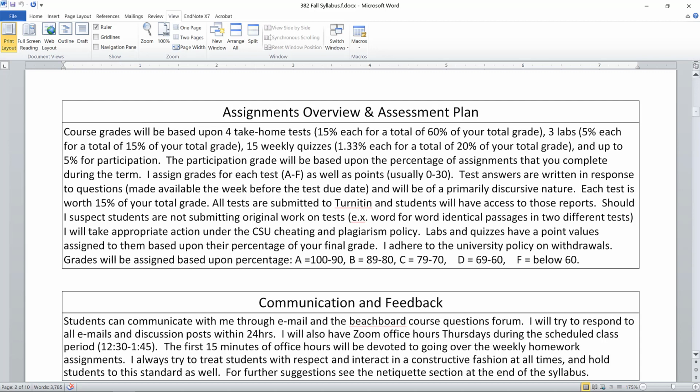Now, it goes without saying that I adhere to the university cheating and plagiarism policy, and if I suspect that students are not submitting original work, if there are word-for-word identical passages, if there are quotations that are not cited, etc., then I will take appropriate action as required under the CSU cheating and plagiarism policy.